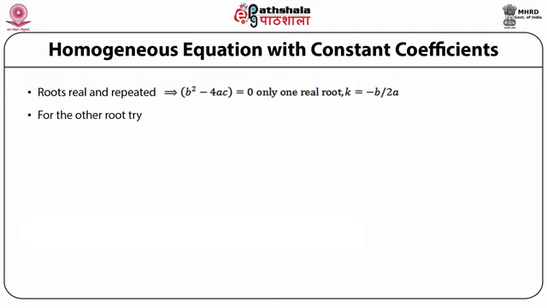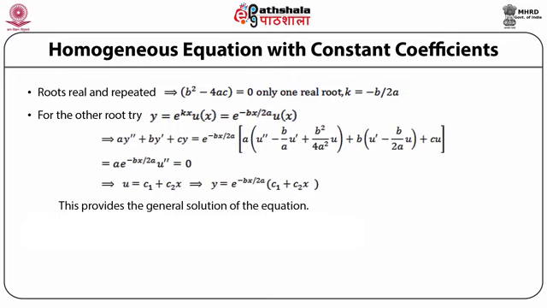To find the second solution, we try y is equal to e raised to power kx times u of x. This is equal to e raised to power minus bx by 2a times u of x, where k is substituted as minus b by 2a. We may obtain the equation a times y double prime plus b times y prime plus cy is equal to e raised to power minus bx by 2a.